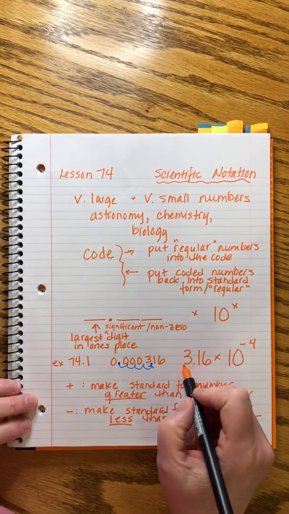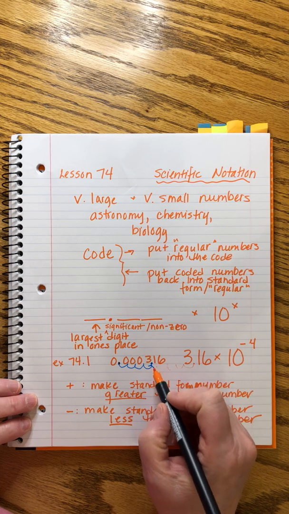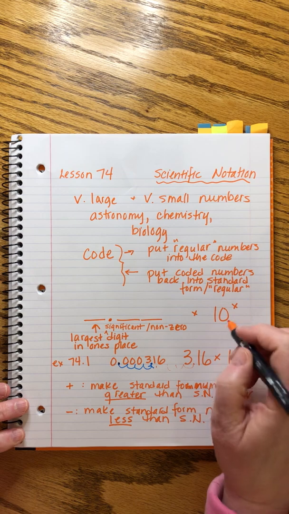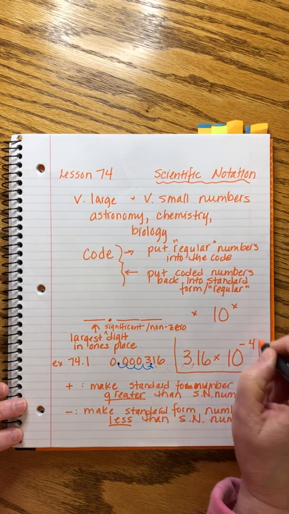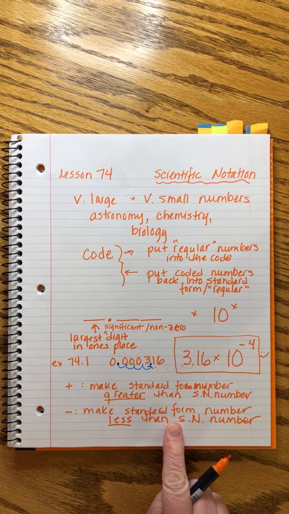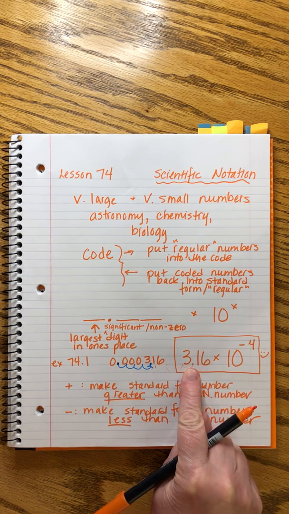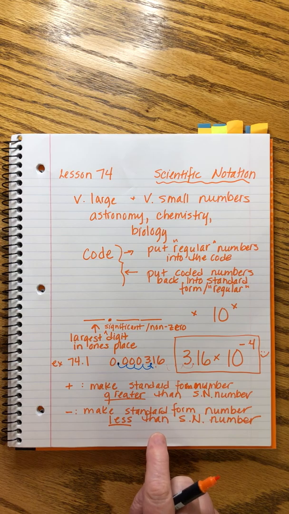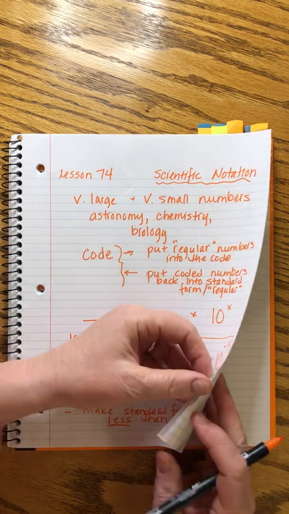So we would move it 1, 2, 3, 4 that way, and that would get us back to this number. So that's how we know whether to put a positive or a negative there. We use these rules. When I put it back into a standard form number, do I want to make it bigger or greater or lesser than it looks in scientific notation? Okay, let's do another one.